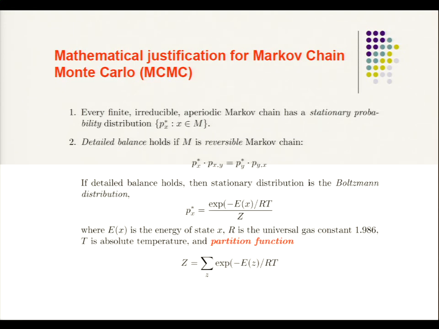Detailed balance is a definition physicists use for a reversible Markov chain, which satisfies the requirement that for any x and y, the stationary probability of x times the transition probability of x to y equals the stationary probability of y times the transition probability of y to x.